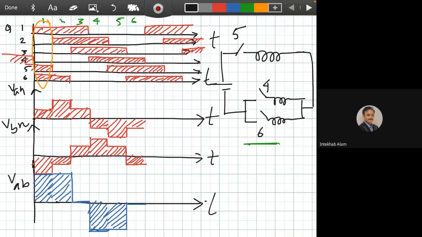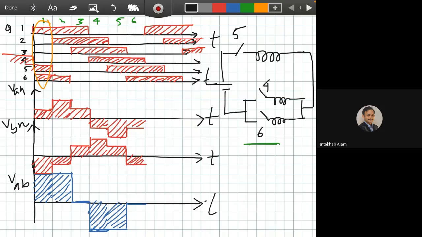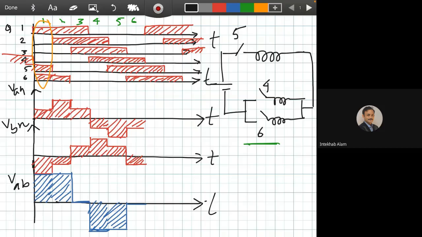Okay. Now we'll go for different conduction angle. So do you have any question regarding these points? No, sir.